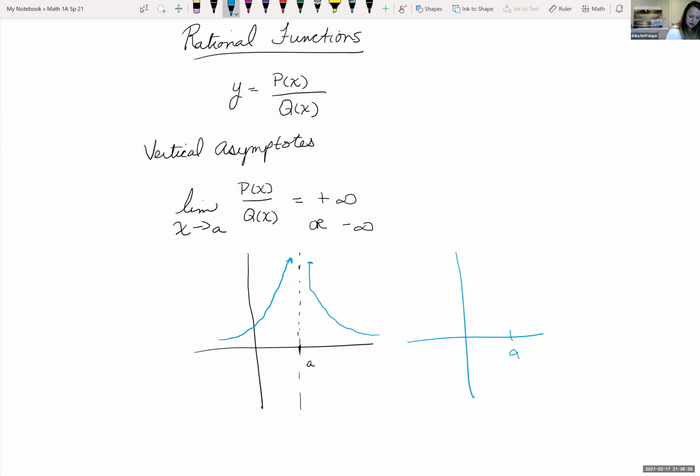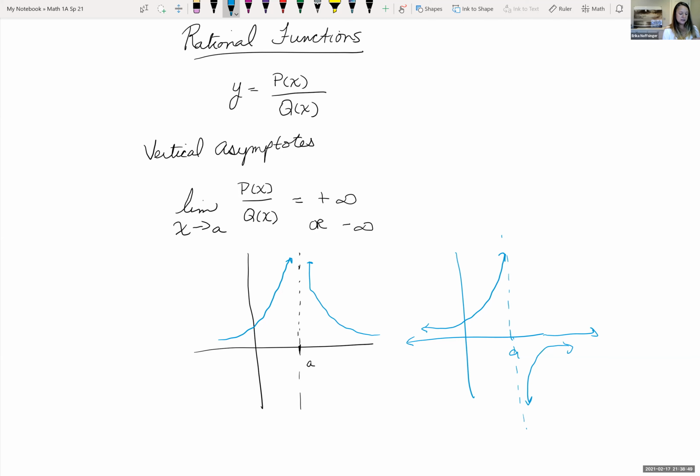So we could have opposite directions, one's up, one's down. They don't have to be going in the same direction on the left and the right. So those limits really don't exist. But again, we tell you that if it's positive or negative infinity, so we know what's going on with a graph there.